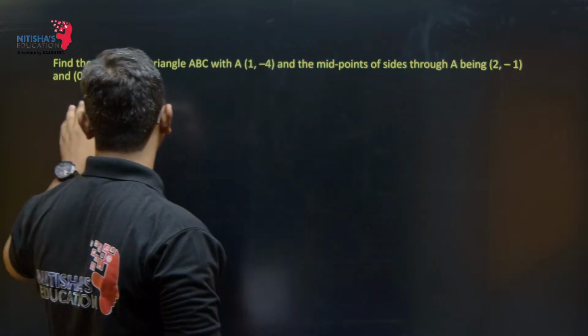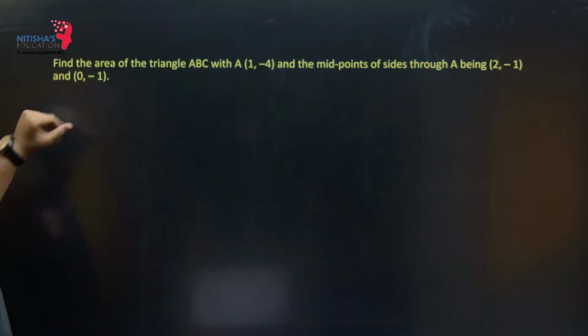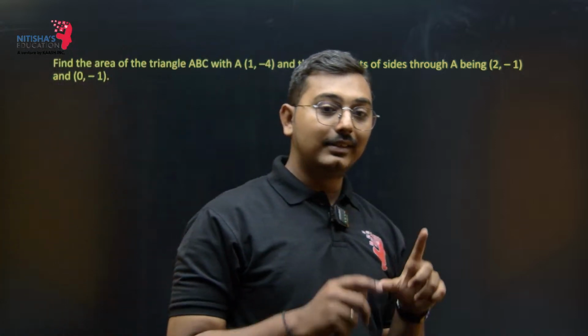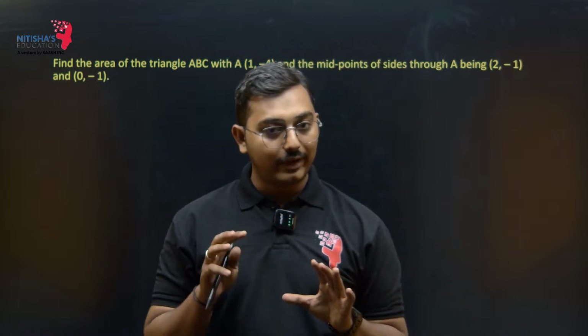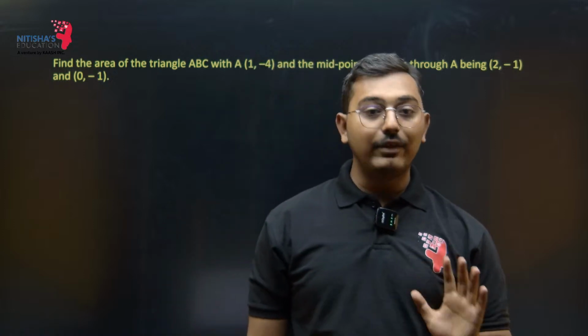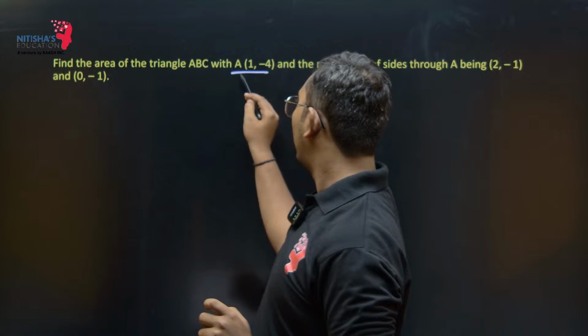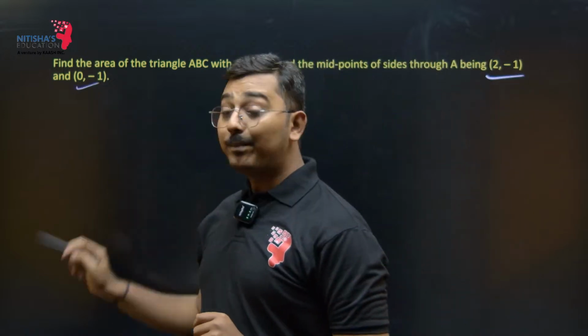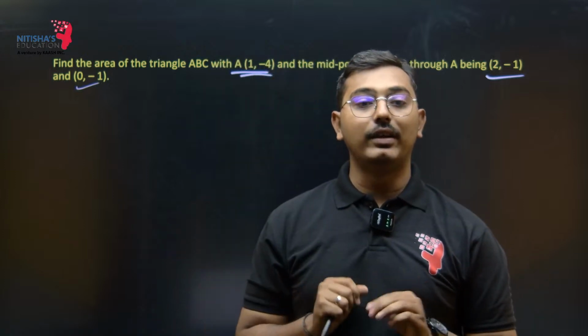Now, next. Same way, the area of the triangle ABC with this A and the midpoints of the sides through A, B and this point. So what is the question asking us? There are the 3 coordinates of a triangle in which one is given to us, which is A. And these 2 points are the midpoints of the 2 sides of the triangle.